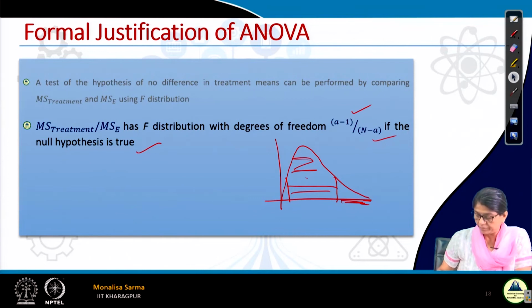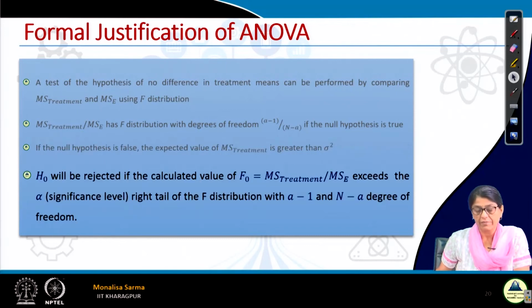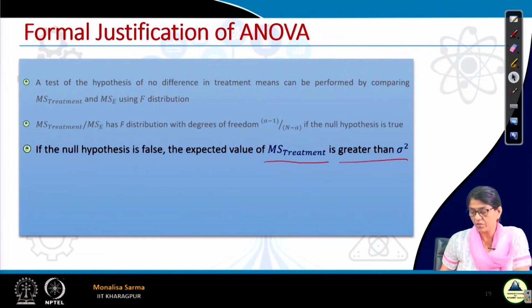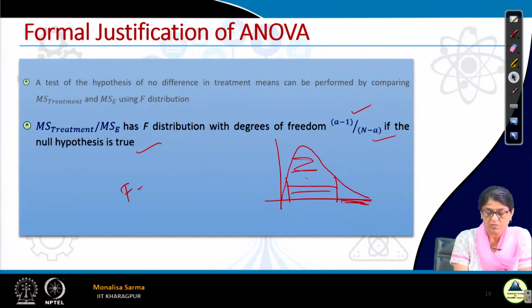So if the null hypothesis is false, the expected value of MS treatment is greater than sigma square. We will get a high value. So H0 will be rejected if the calculated value of F0 exceeds the alpha significance level, that is the right tail of the distribution. Here we will be using only the right tail, because our F is what?